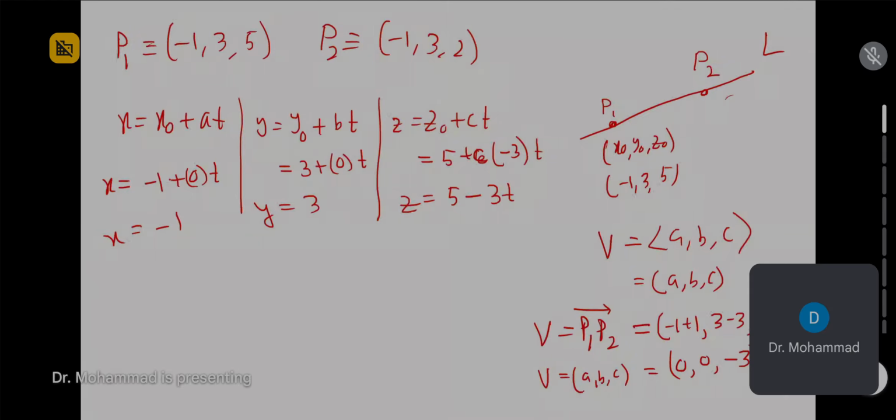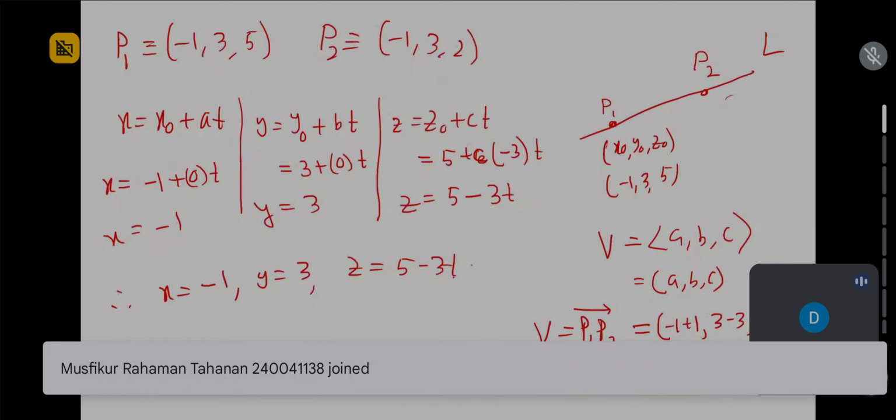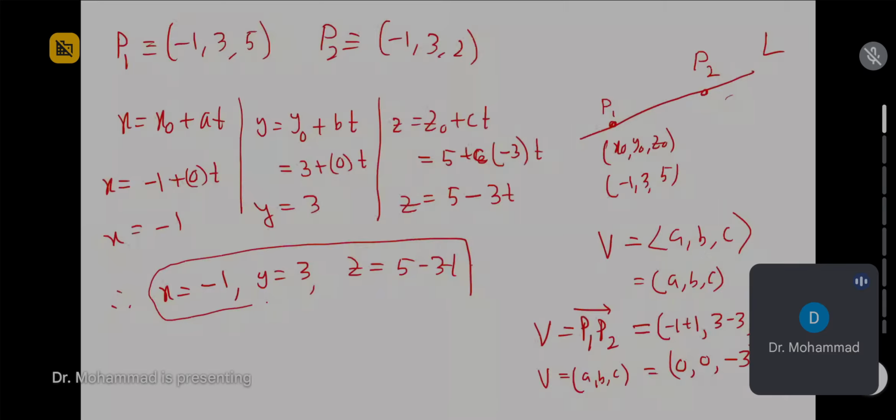So x is -1, y is 3, and z is 5 minus 3t. This is our required parametric equation.